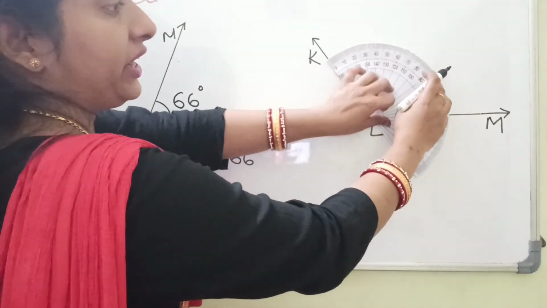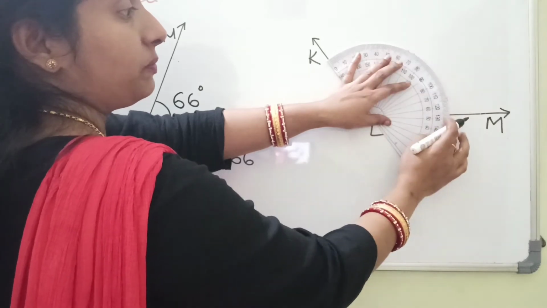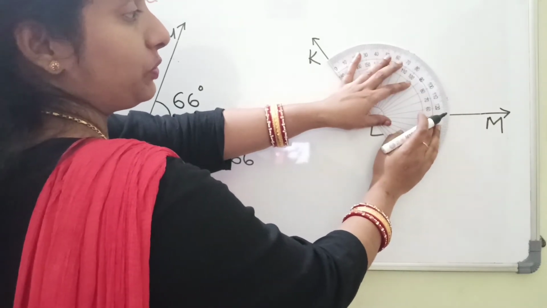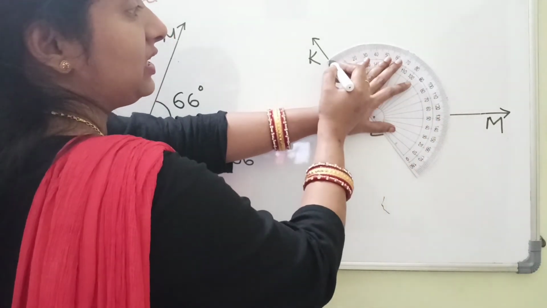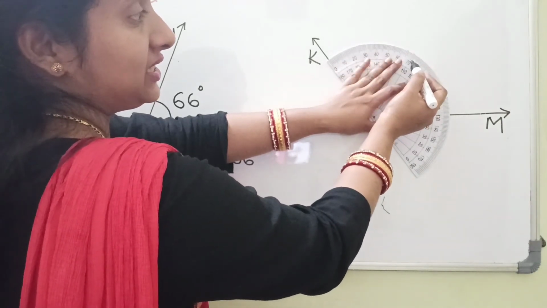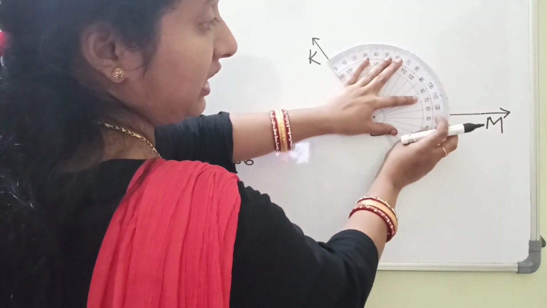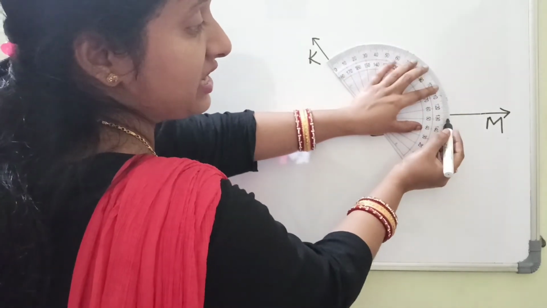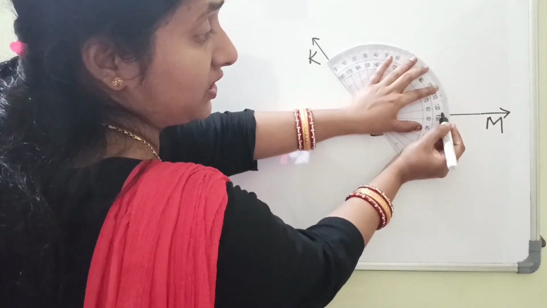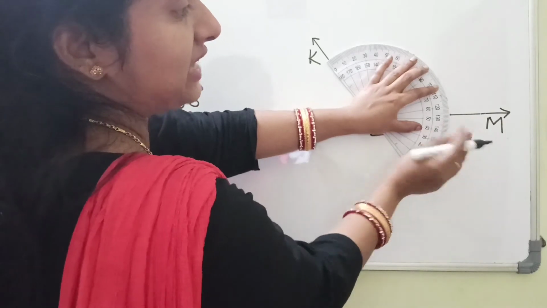At what point the second arm is touching the protractor. Now let us see the reading. Here we have 10 degree, 20, 30, 40, 50, 60, 70, 80, 90, 100, 110, 120, and it is not even 130. So below 130. Here we have 125, 26 and 27.